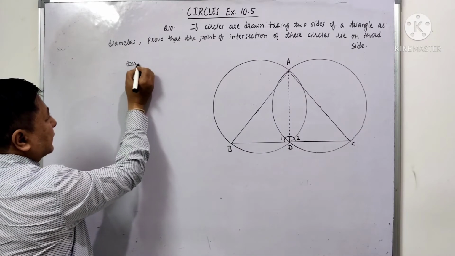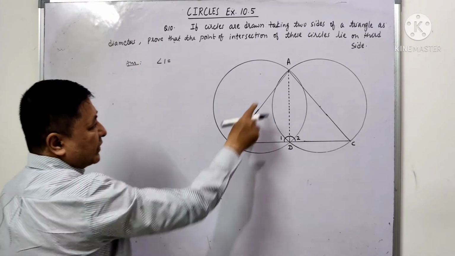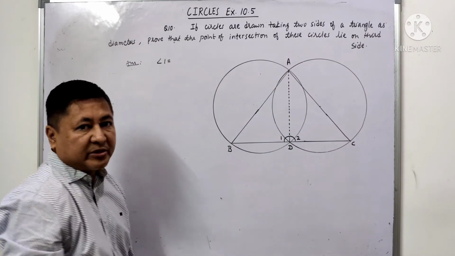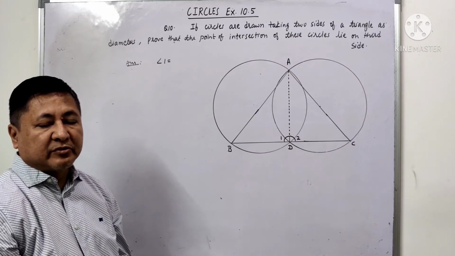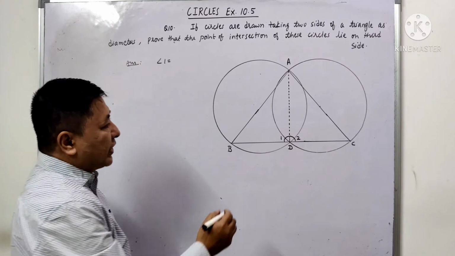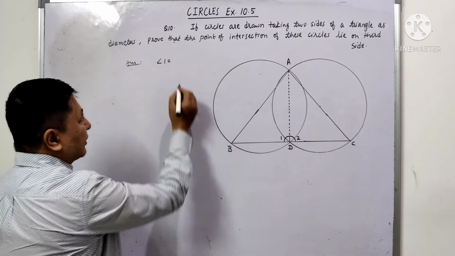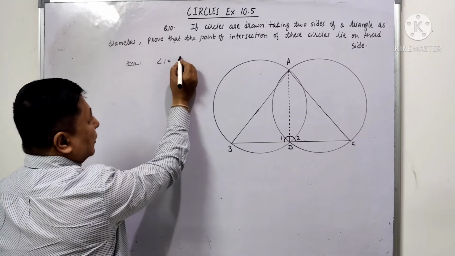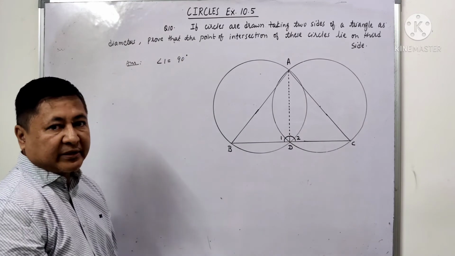Now angle 1: since AB is a diameter, it will divide the circle into two equal parts, that is, it will make a semicircle. And we know that the angle in a semicircle is a right angle, so angle 1 will be equal to 90 degrees, and the reason is the angle in a semicircle is a right angle.